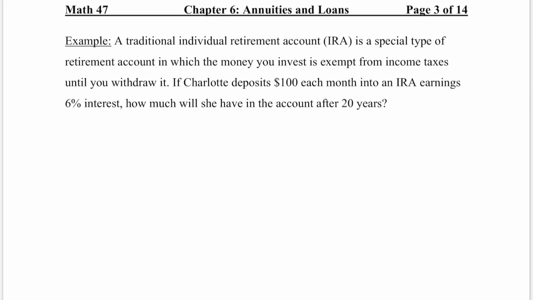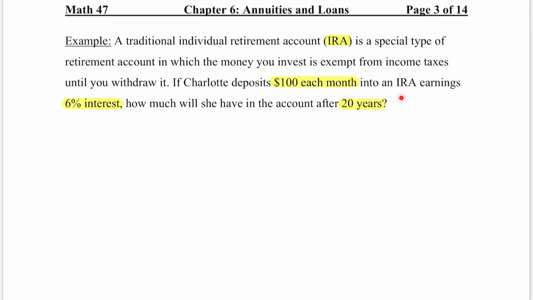Charlotte has an account that's called an IRA. She deposits $100 into the account each month, and the account earns 6% interest. They're asking how much she'll have in the account after 20 years. This account is earning the interest for 20 years.